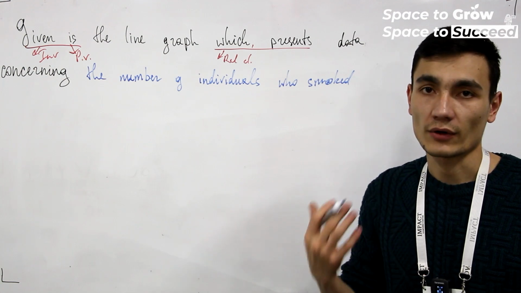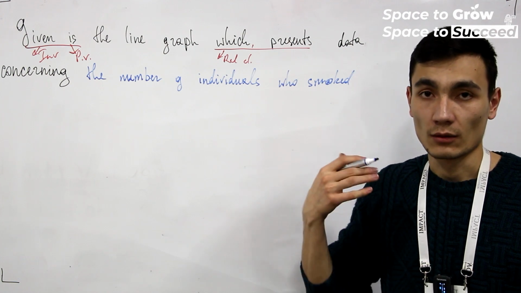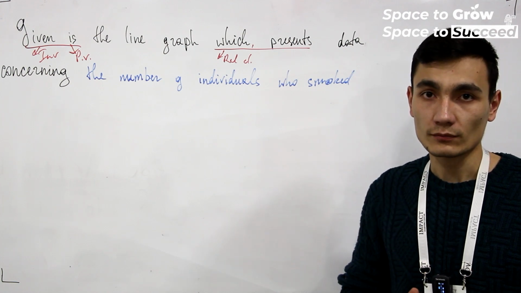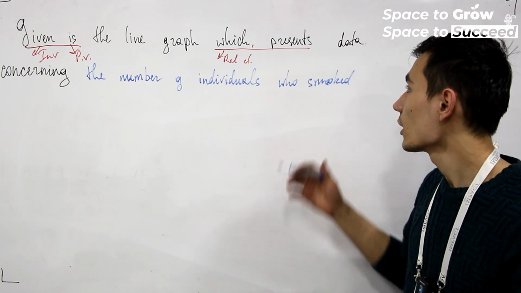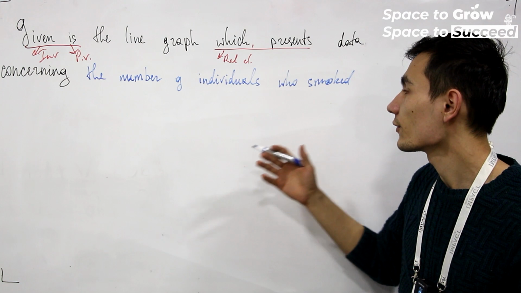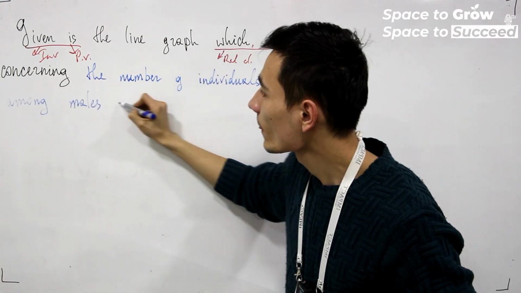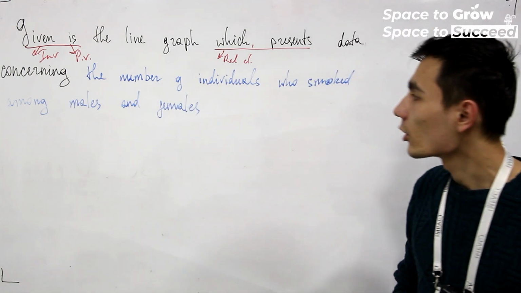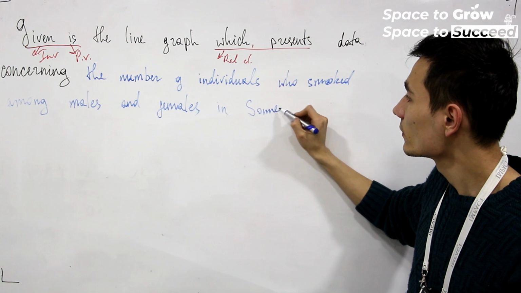As you know, writing 150 words is not that hard, so you have to get as much information and as many words as possible. Here we say the number of individuals who smoked among males and females, and the name of the place, in Sunland.